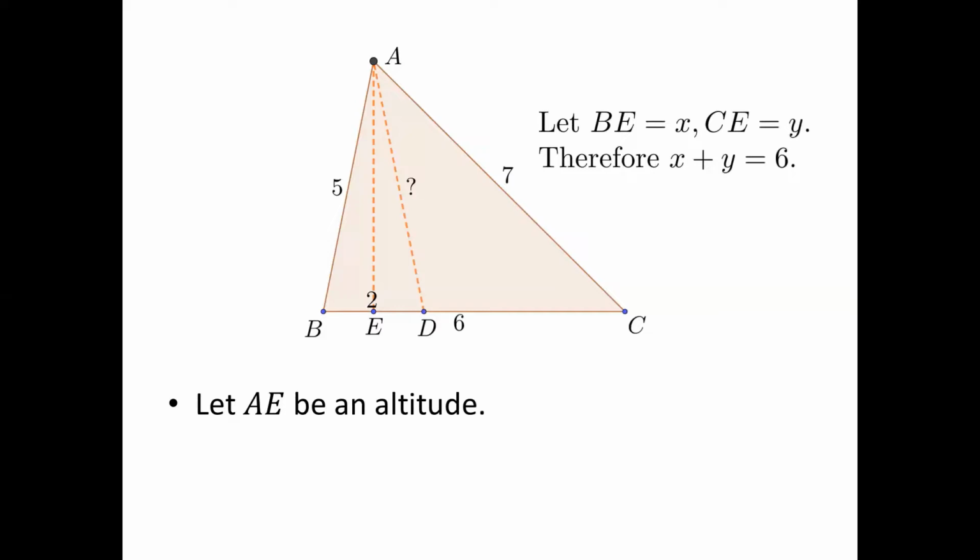The point E separates BC into 2 parts, BE denoted as X and CE denoted as Y. Immediately, we have X plus Y equals 6.